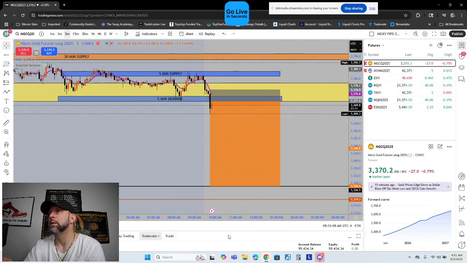So more than likely, I think we're going to continue to the downside. So I'm going to wait for a proper entry right here. I just need a little bit more confirmation. And this pullback is my confirmation.